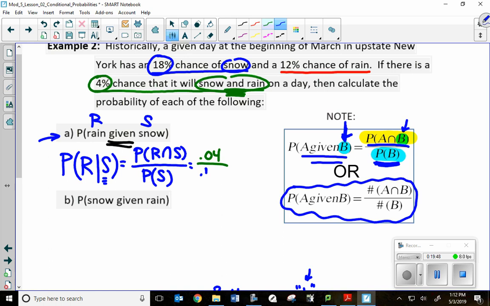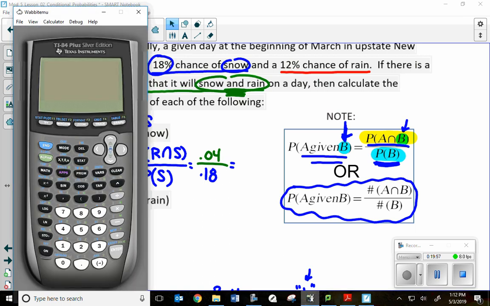So that's 0.18. Yeah, I know I like fractions, but please, when you have a decimal over a decimal, clean that up. We really don't like decimals in fractions. Decimals can be represented as fractions themselves, and I don't like to have fractions in fractions if I can avoid it. In calculus, you might.